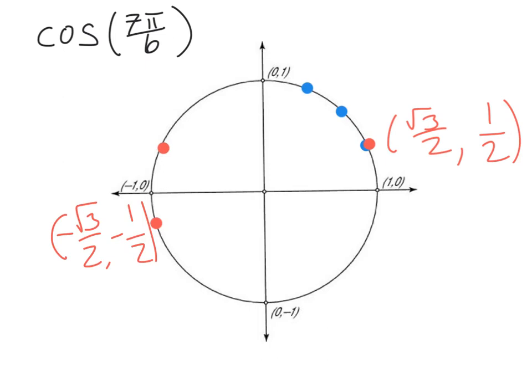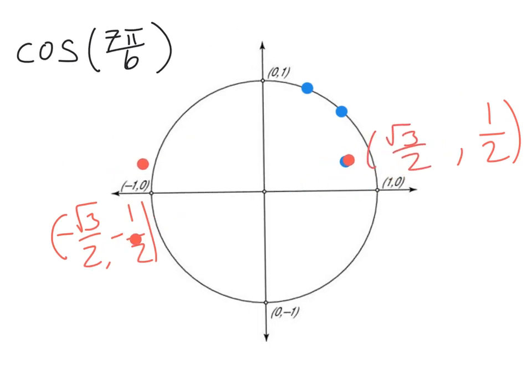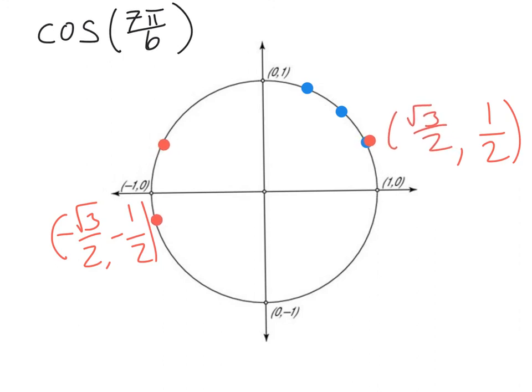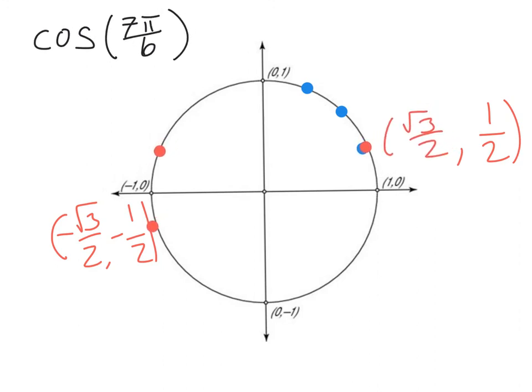Right, so we don't have to construct any of the other pieces of the unit circle. We just have to find what they call the reference angle, which is the angle in the first quadrant. We have to figure that out, which was our pi over 6, and then we have to figure out what the values are there, and then just figure out the signs at our actual angle. So cosine of 7 pi over 6 in this case should be negative root 3 over 2.